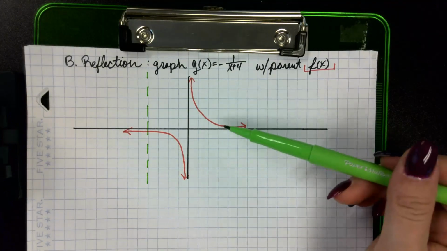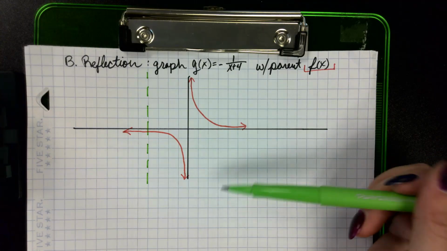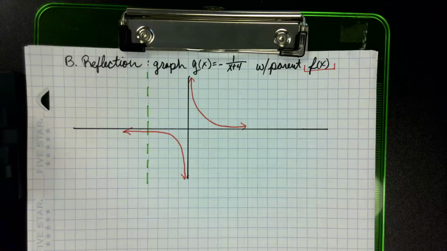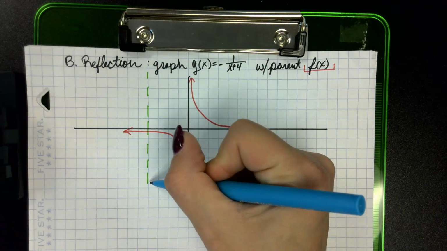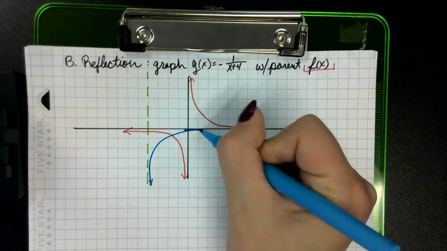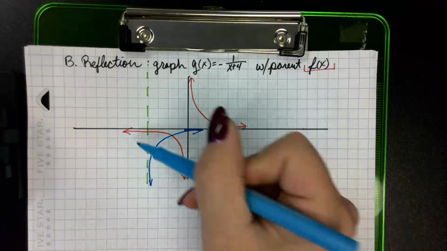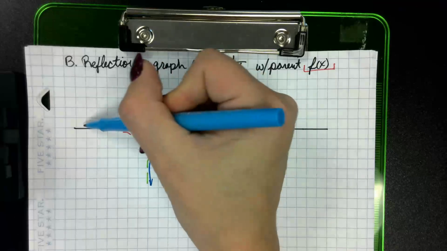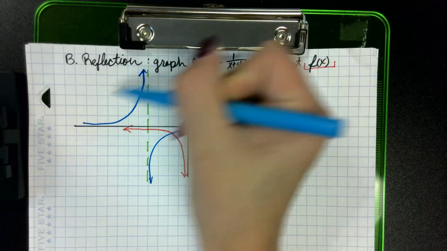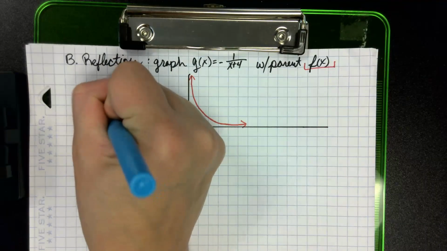And then what I had in quadrant 1, since I'm reflecting over the x-axis, I'm going to reflect it down here. Oh, that was almost blue. It's kind of ugly, but it's okay. And then what I had in quadrant 3, I'm going to reflect up here. And then I'll call this g of x.